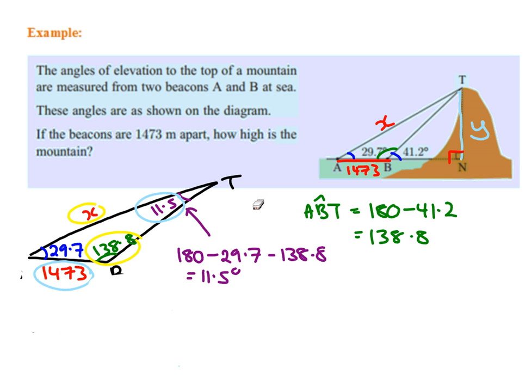And notice I've just labeled A and B on there. So why am I bothering to work out X first, you might be wondering. Well, if I know X, I can use the fact that this is a right angle triangle. Once I've got X and I know that angle, I can use SOHCAHTOA to find Y. Because I'll have the hypotenuse, I want to find the opposite, and we've got the angle.